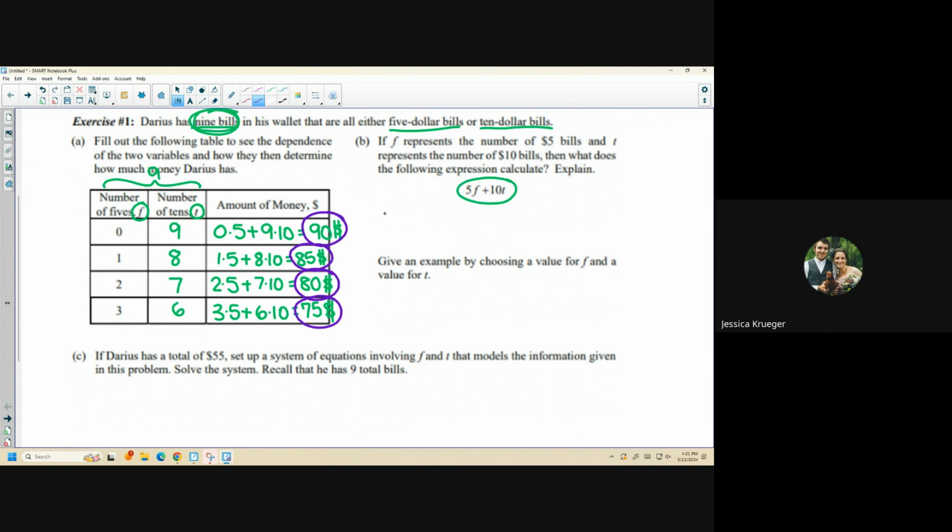So this expression represents the total amount of money that Darius has. So this would equal total money.